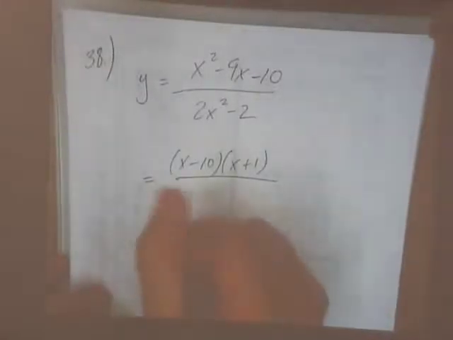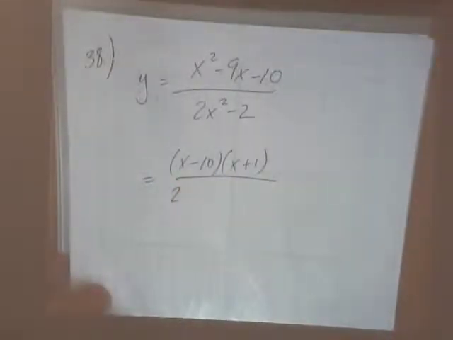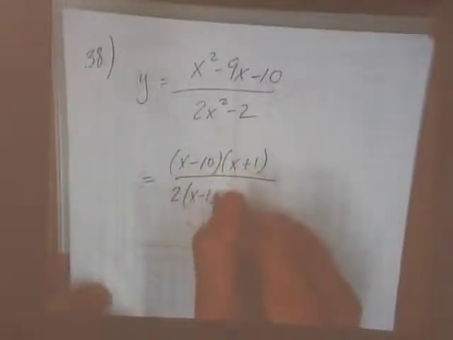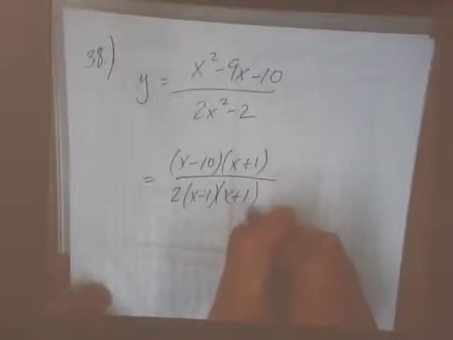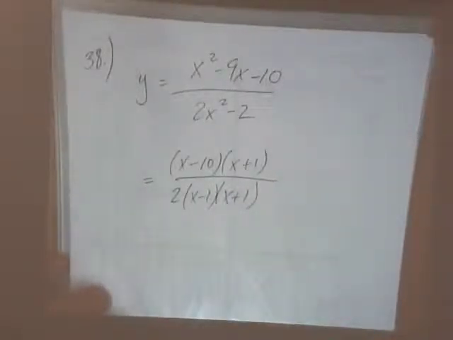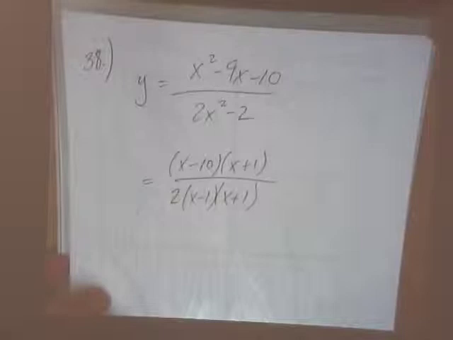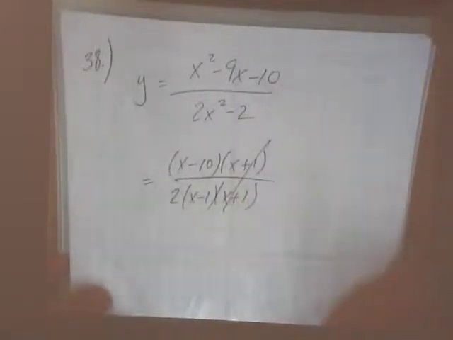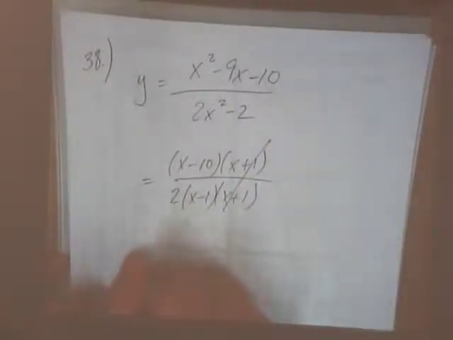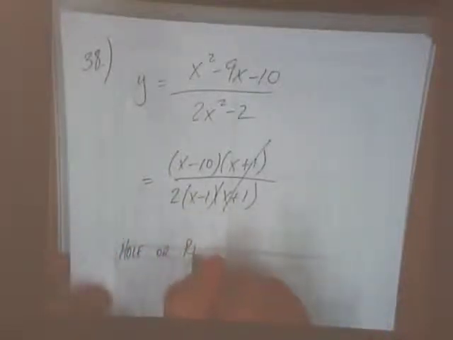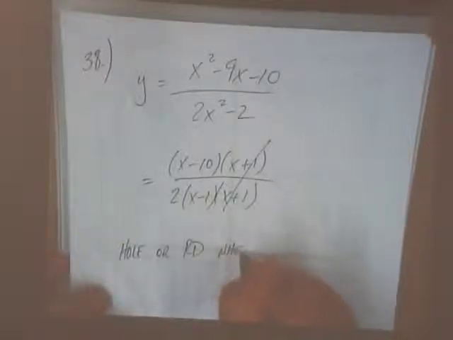Can I pull out a 2, what will I have left over? X squared minus 1, right? X squared minus 1 factors into x minus 1 and x plus 1, right? So our removable discontinuity would be that part. So we have a hole or removable discontinuity when x equals -1.